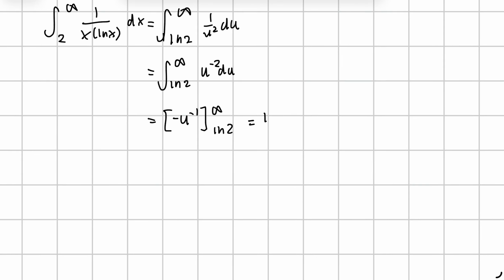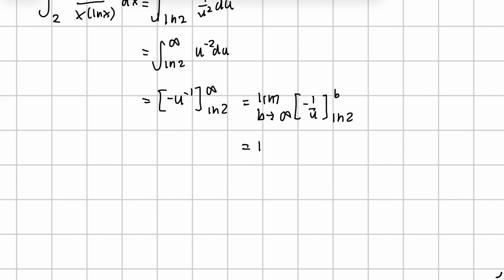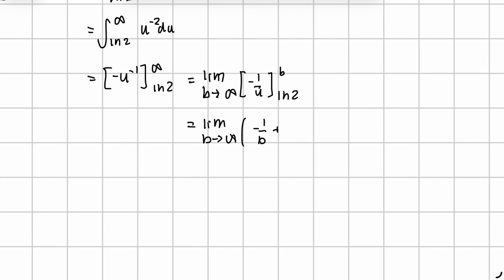So this is equal to the limit as b approaches infinity of negative 1 over u, evaluated from ln 2 to b. So this is the limit as b approaches infinity of negative 1 over b plus 1 over ln 2. So this is going to give us 1 over ln 2.